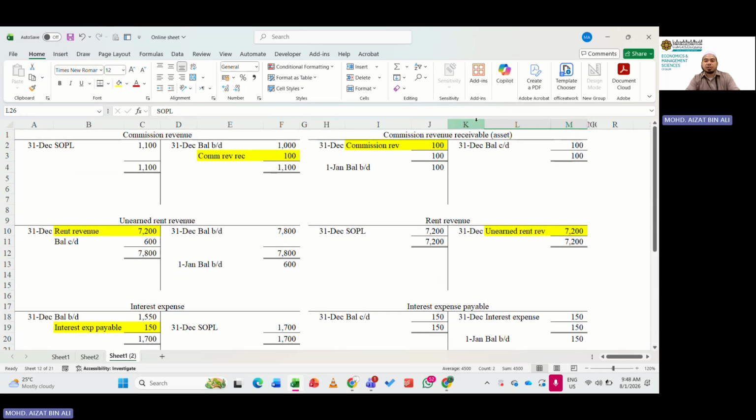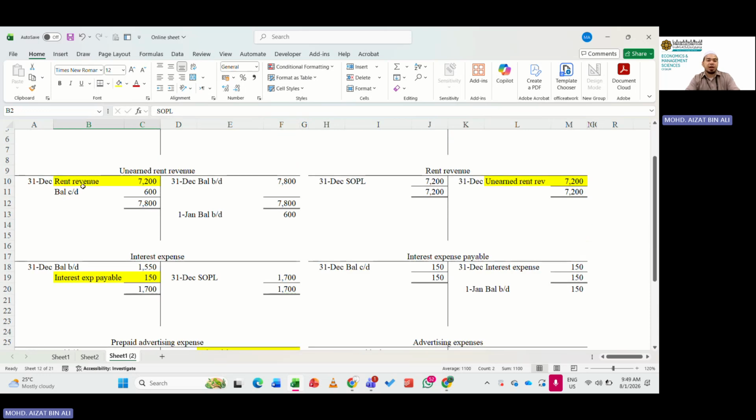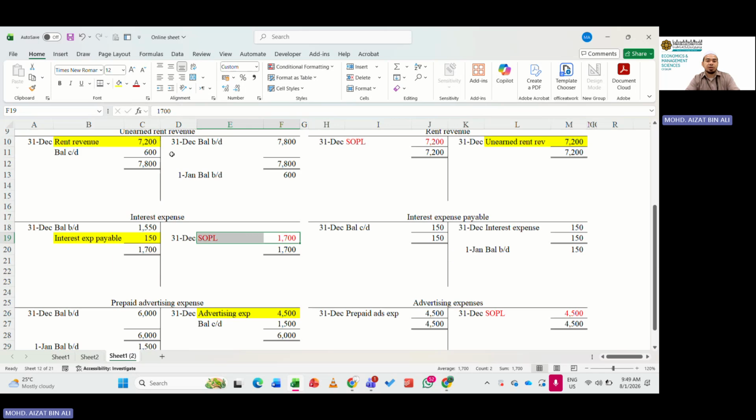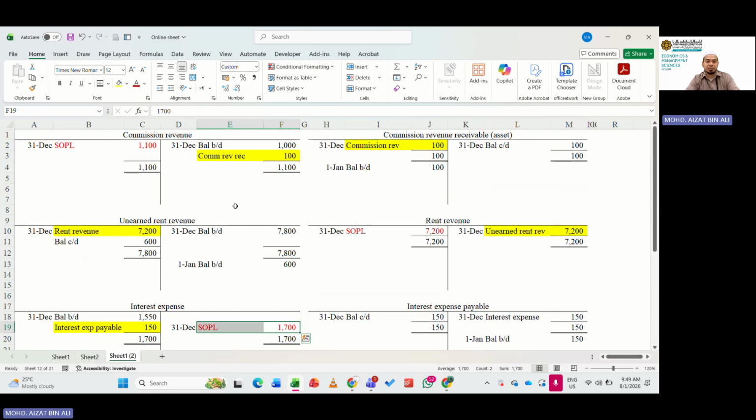Look at this, there is no SOPL, so ignore this. But here there is an SOPL. Commission revenue. And here we have rent revenue, SOPL, right? Then we have interest expense. So we have two revenue, two expenses.